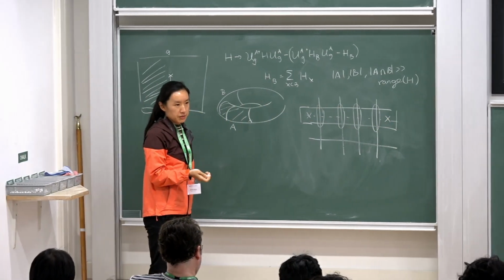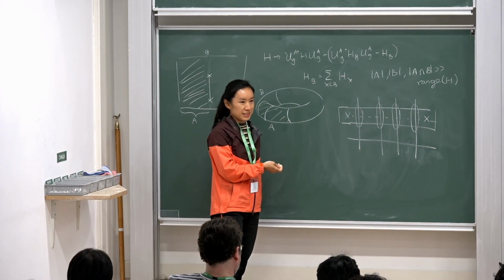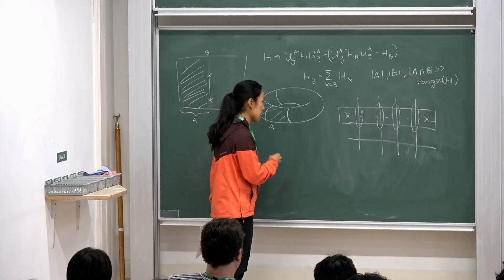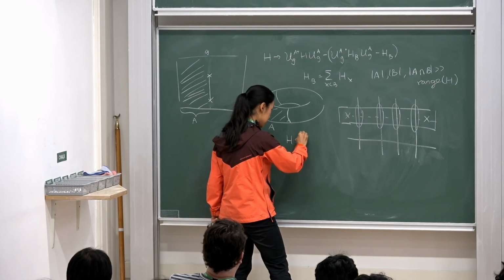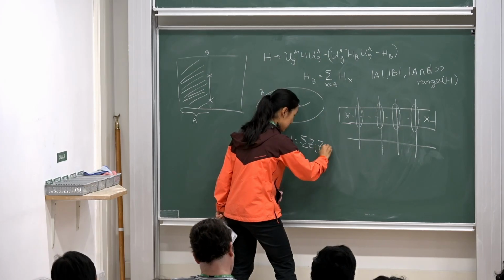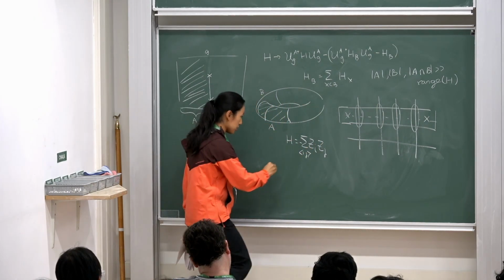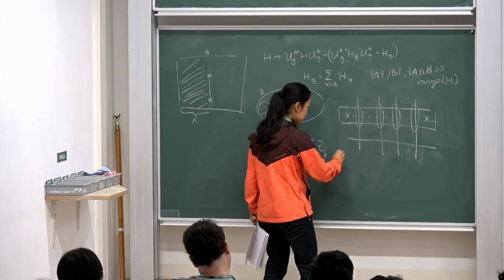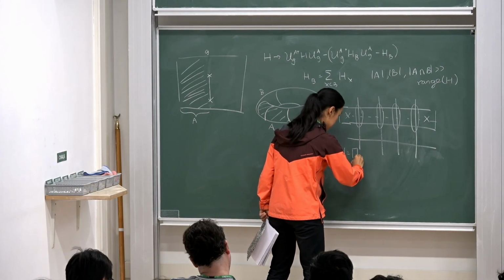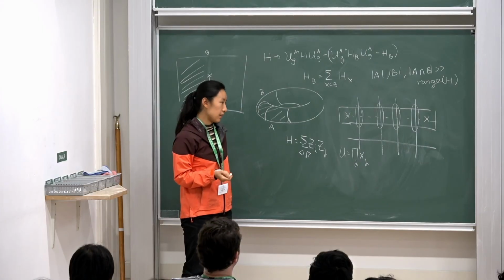So a simple example of how this could happen is if you had just an Ising Hamiltonian, which we saw in the morning in Zohar's talk, where H is just the sum of nearest neighbor terms, and your global symmetry is a product of all of the Pauli X operators on all of the sites.